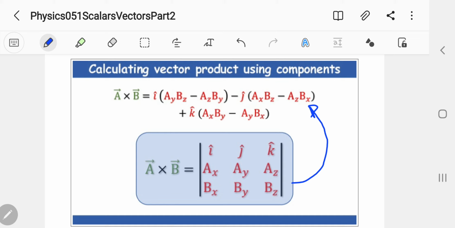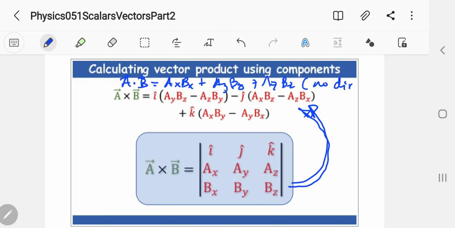So that's how you do the cross product. Remember, the dot product A dot B is equal to AX BX plus AY BY plus AZ BZ. No direction here.